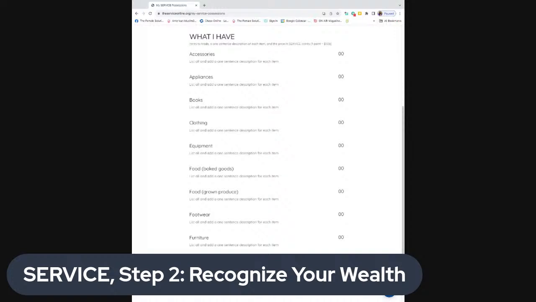List and add a 1-sentence description of each. Tools. List all and add a 1-sentence description for each item. And you're going to put each item's monetary value based on dollars. 1 point equals $1. And you're going to add up all of these things. Now, these are just your unused items, your service possessions. $1 equals 1 point.